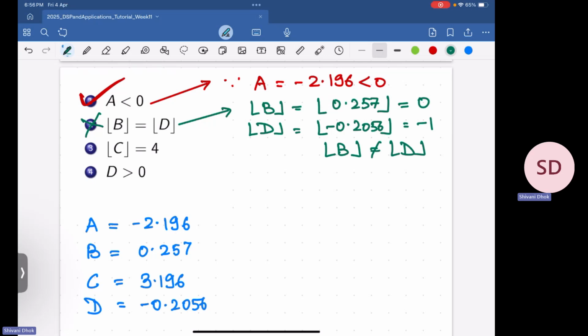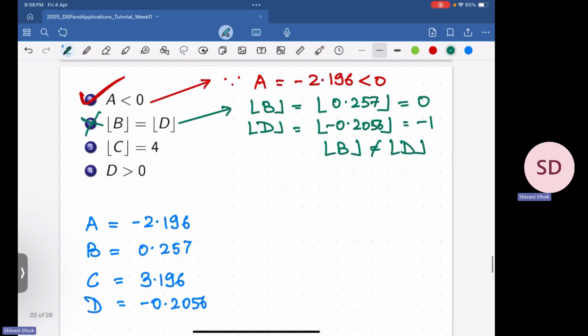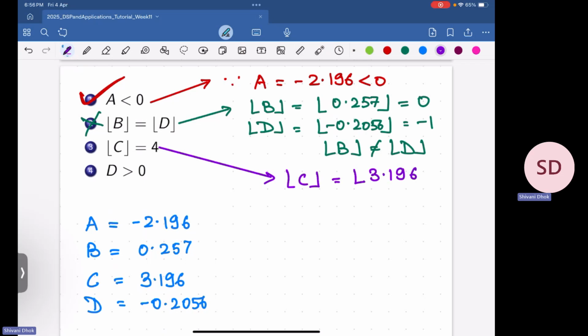Next is the floor of c option. Floor of c is equal to floor of 3.196. The floor of this number, that is the greatest integer less than this number, is 3. So again this option is wrong, it is not equal to 4. And the last option is d is greater than 0.